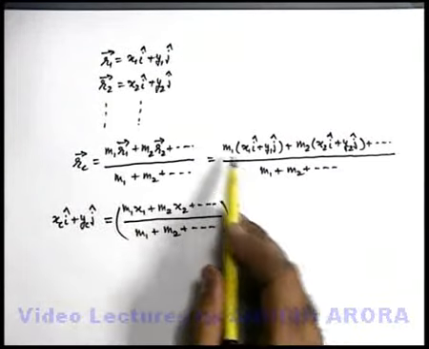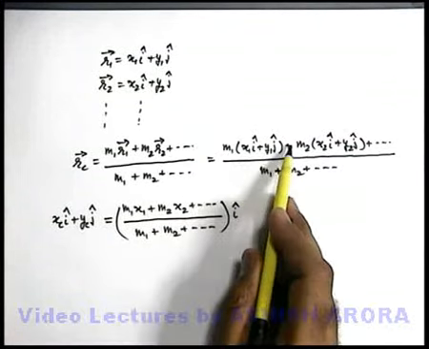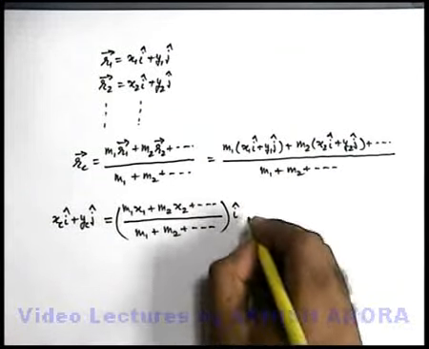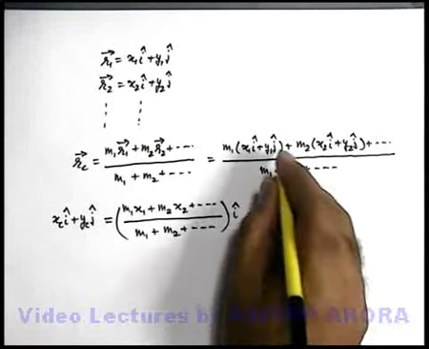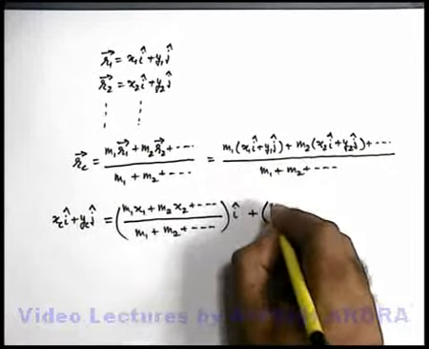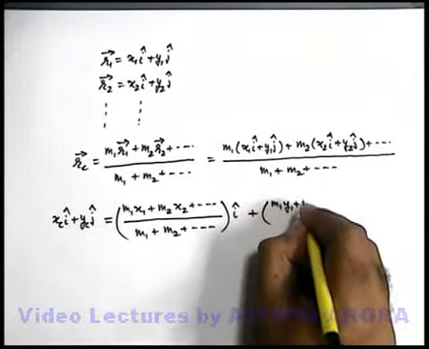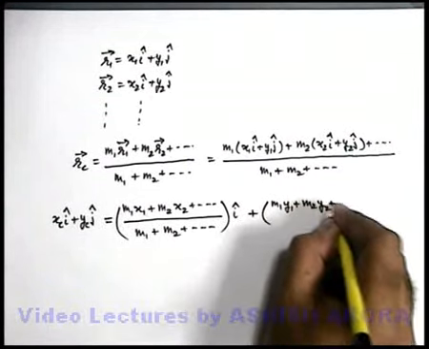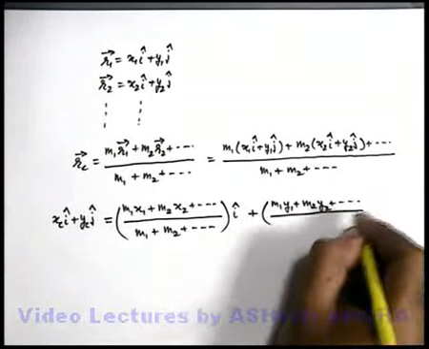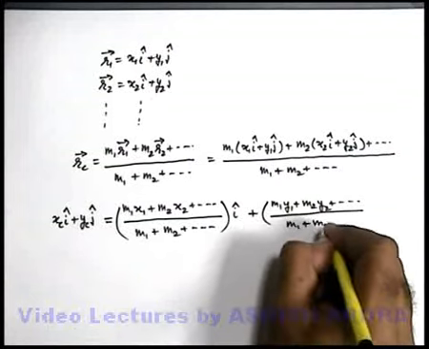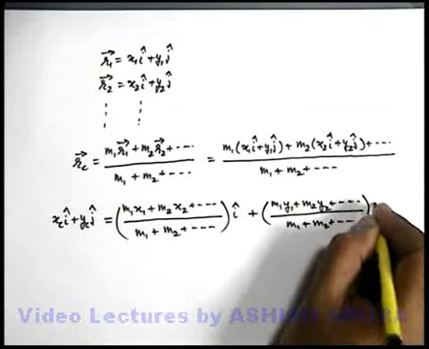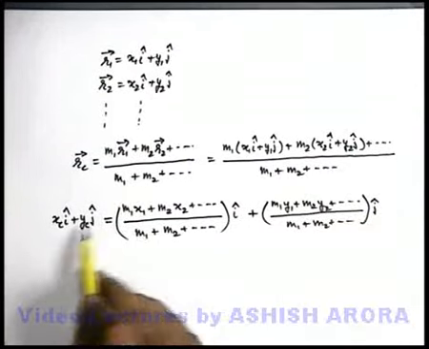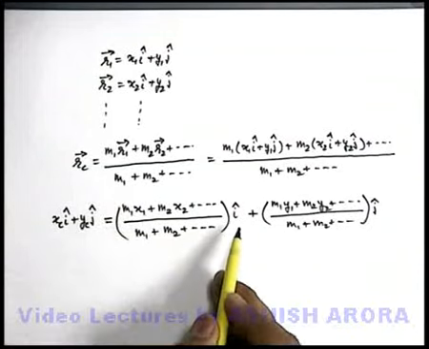I hope all of you are following. It says m1 x1 i cap plus m2 x2 i cap; I have taken this i cap common out. Similarly for the j cap coefficients, we can write (m1 y1 plus m2 y2 plus and so on upon m1 plus m2 plus and so on) into j cap. Now on the two sides of the equality, the vectors must be identical.